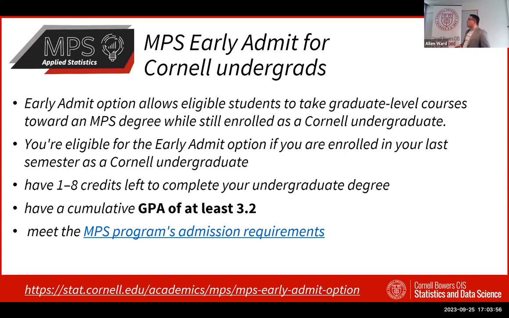So with the early admit, what this allows you to do is start the MPS program early while you're still an undergrad student. You're eligible to enroll if you have less than 8 credits, and our director spoke on this earlier, I believe, and you meet the GPA requirements, which is usually not an issue. We upgraded our form process online. Hopefully it's upgraded.